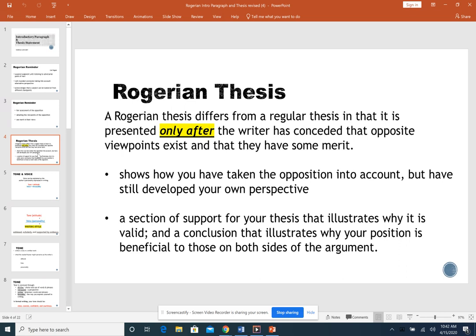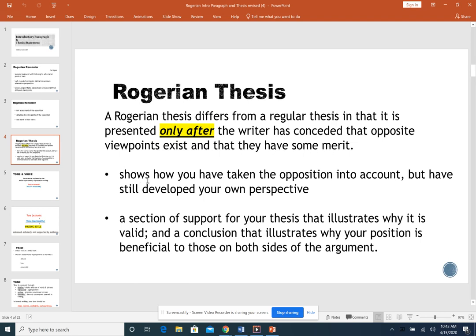So let's think about the thesis statement for the Rogerian argument. It's a little bit different than what we wrote in our first paper. Let's look at this statement. A Rogerian thesis differs from a regular thesis in that it is presented only after the writer has conceded that opposite viewpoints exist and that they have some merit.